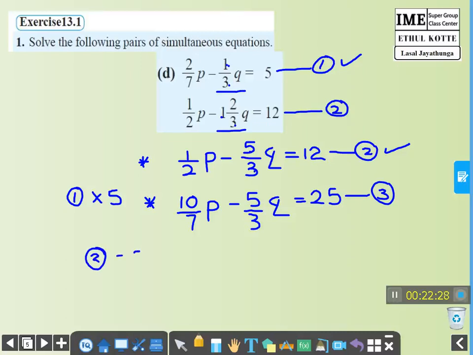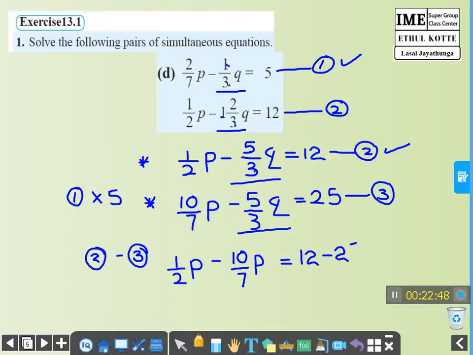Equation 2 subtract equation 3. 1 upon 2p subtract 10 upon 7p. No need to write these two because when you subtract they get cancelled. 12 subtract 25.